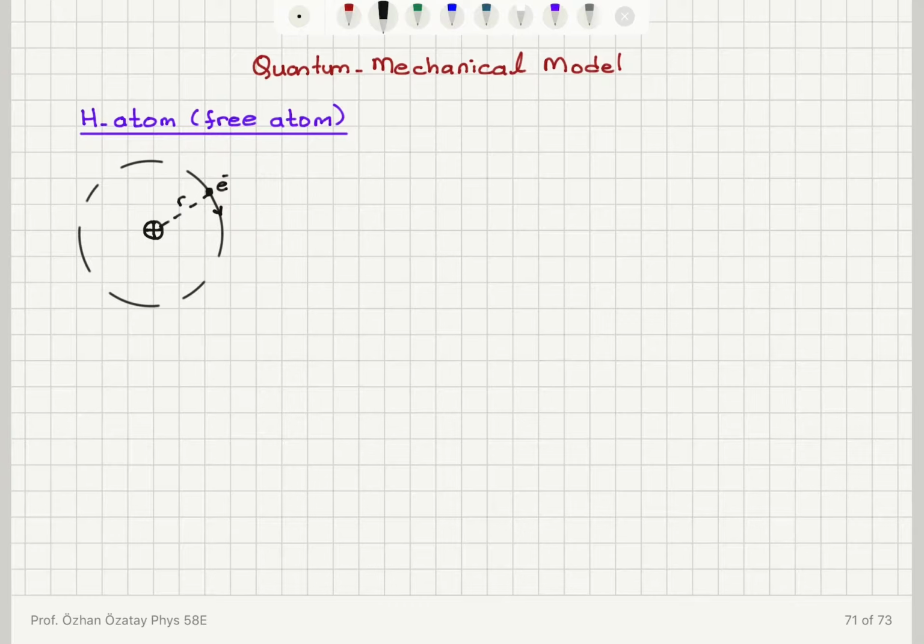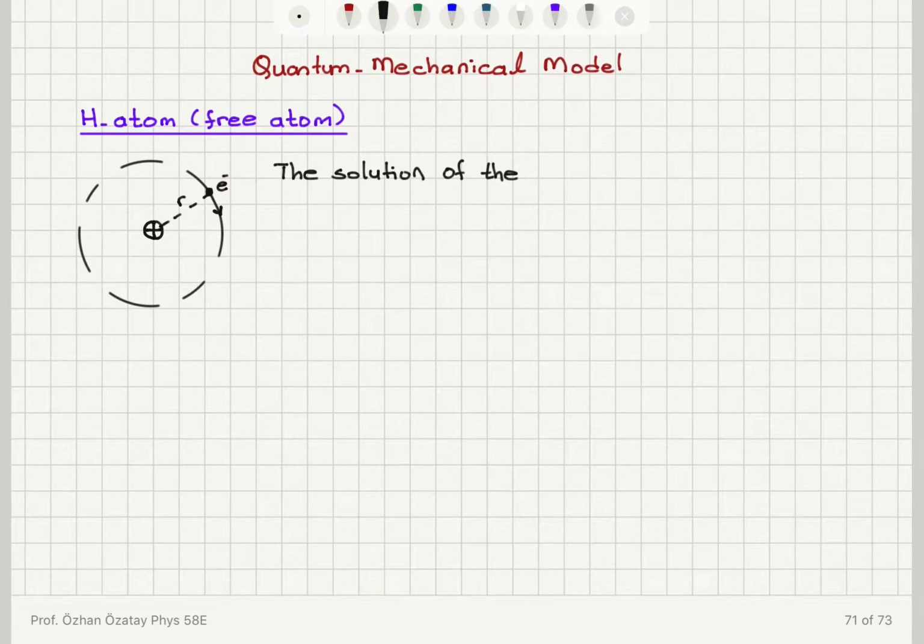Now, when we solve Schrodinger's equation, the solution of Schrodinger's equation in quantum mechanics is going to give us the quantization of angular momentum of electrons.